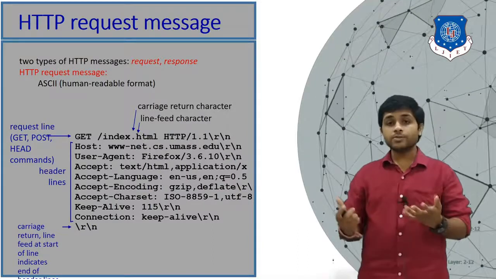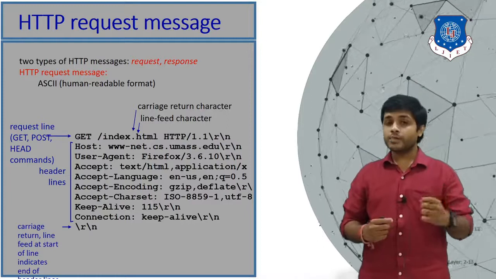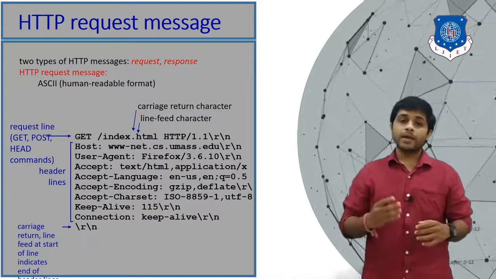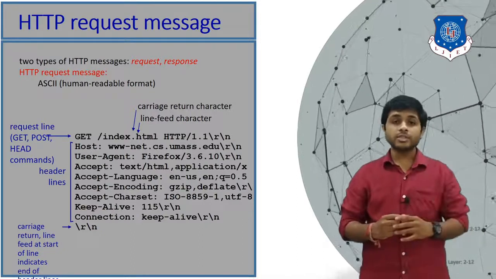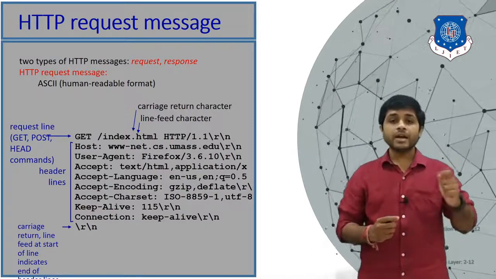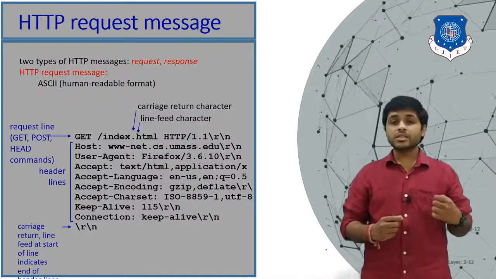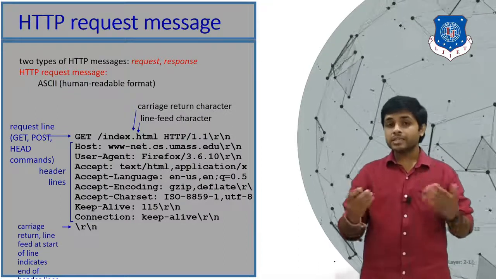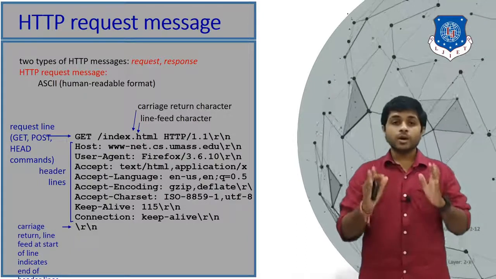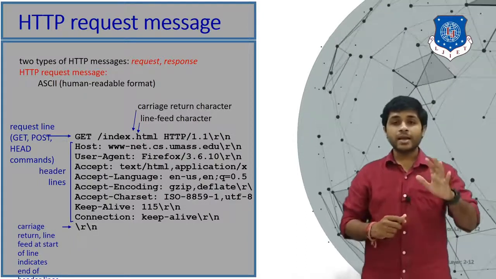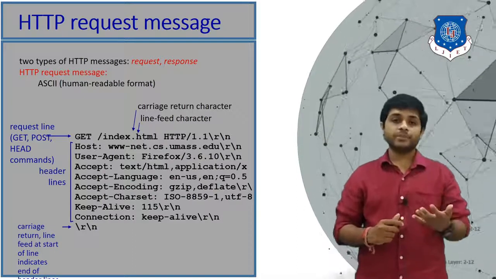When the server receives this request message, which was generated by the browser, it will reply to the browser. When your browser receives the reply message, it understands every line of that message, but it just doesn't show that raw message to us. The browser converts that message into a graphical form so we can enjoy the website.